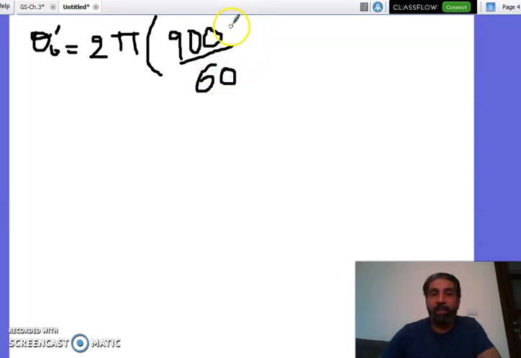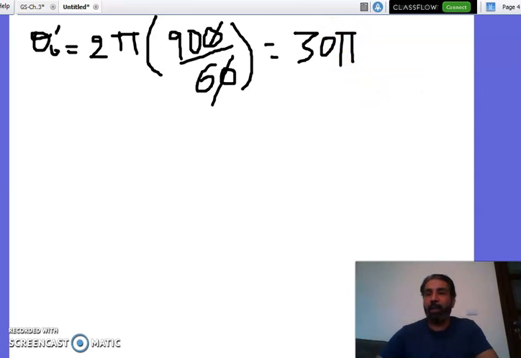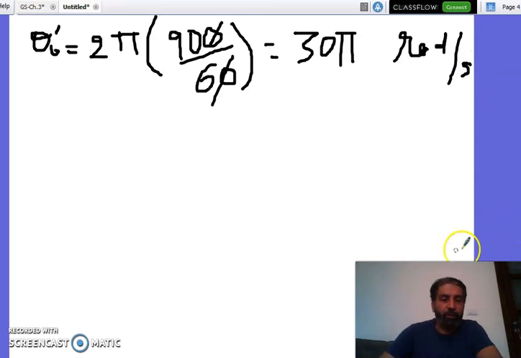Because 1 minute is 60 seconds. Now try to do the calculation, 0 here with 0 here, and you get 30 pi. What's the unit of theta prime now? Radian per second. Okay? Good.